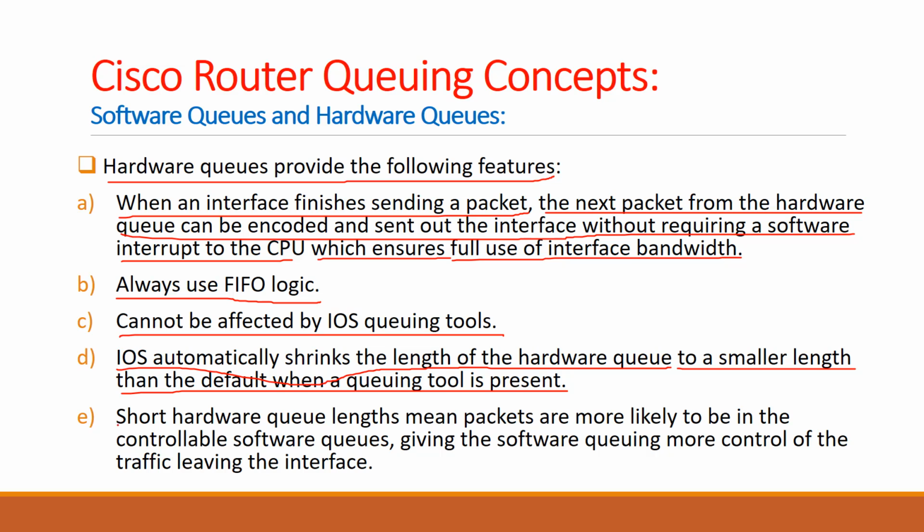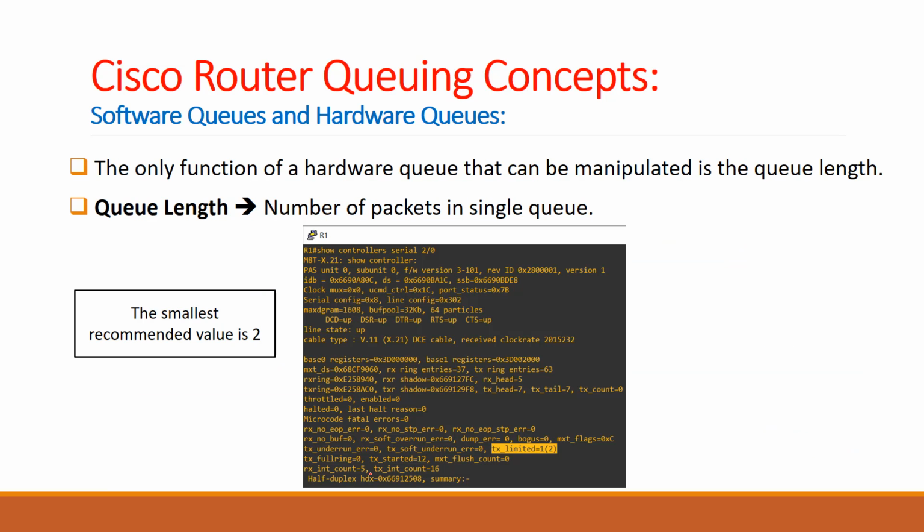The fifth feature is that short hardware queue lengths mean packets are more likely to be in the controllable software queues, giving the software queuing more control of the traffic leaving the interface.